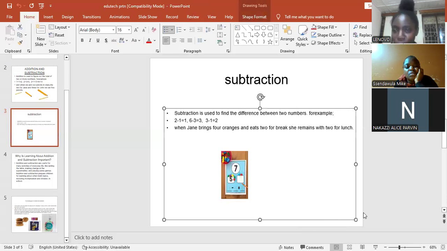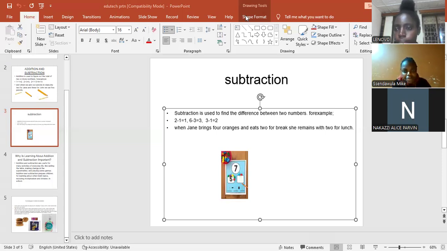Can you tell me the summary of what you have captured so far? I have studied the definition of addition and subtraction, whereby subtraction is the process of taking one number from another amount.